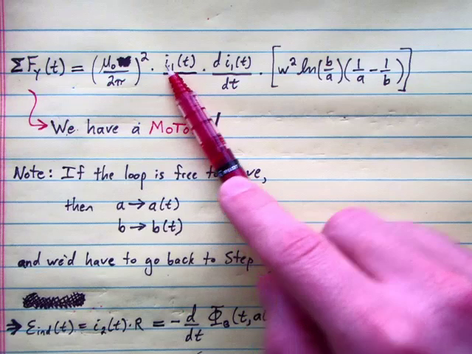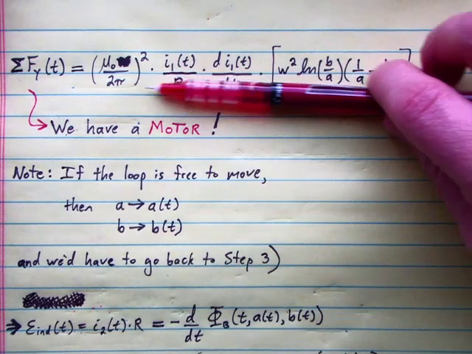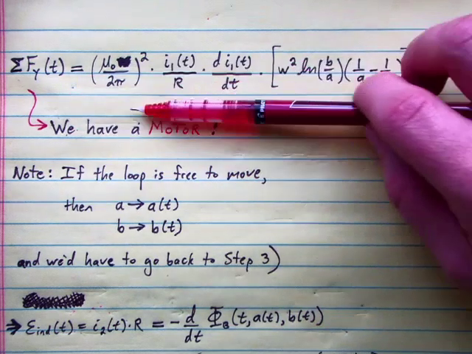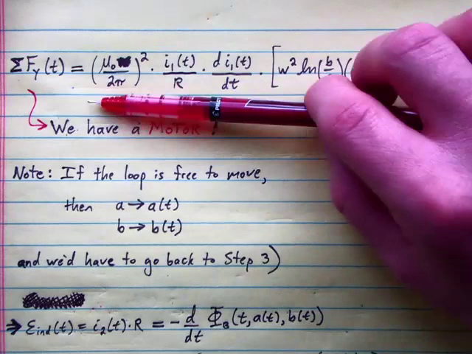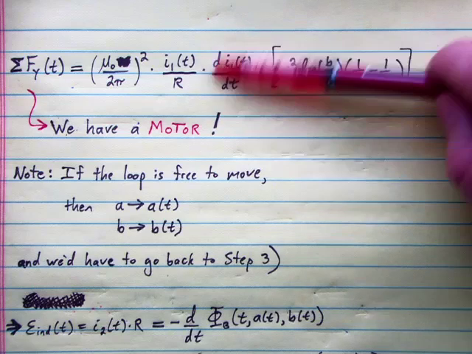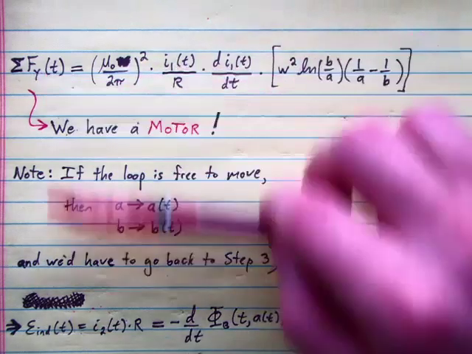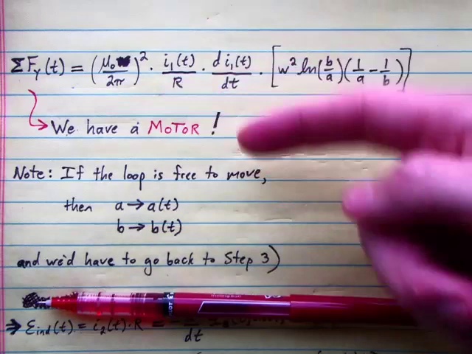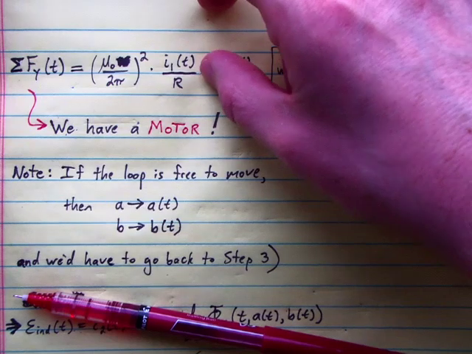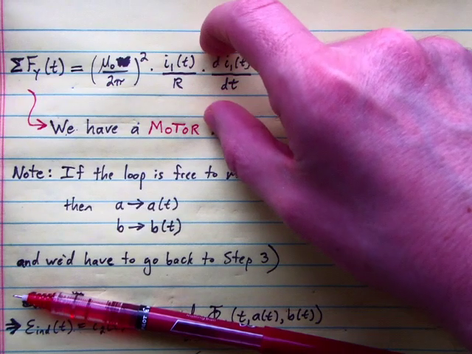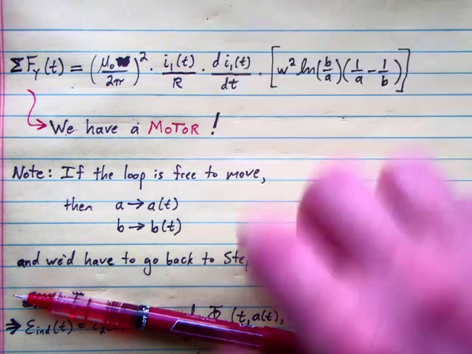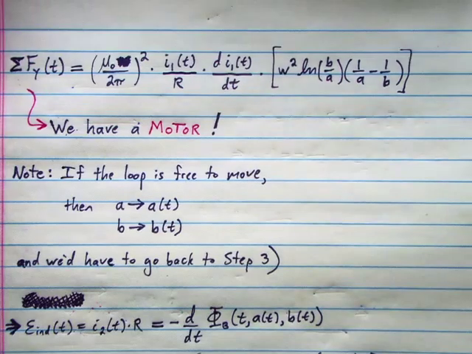If I1 was to the left, for instance, if I1 was negative but then diminishing in strength, so this derivative was positive, then we would get a net force that was negative. So if I1 was to the left but getting weaker, then our secondary loop would be pulled towards the primary into the region of stronger field to replace the diminishing field that was coming from I1 weakening. Okay.